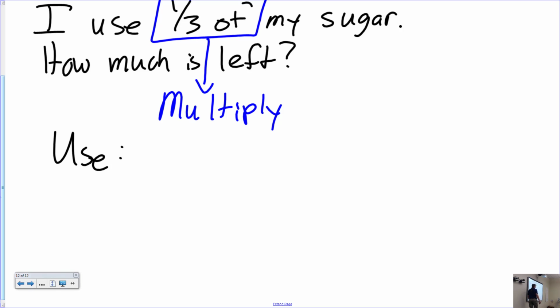So, how much sugar did I use, folks? A third of, so 1/3 times how much sugar there was, 2 1/4. How do I multiply fractions?